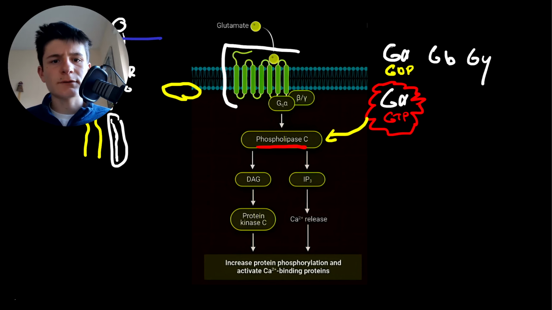It's derived from glucose. And so what the phospholipase C does is that it cleaves, I'm pretty sure, here.